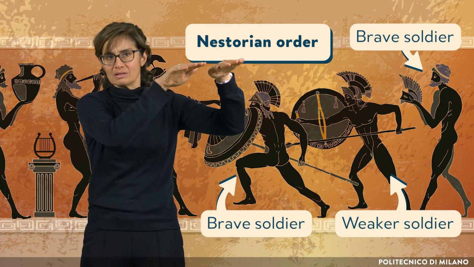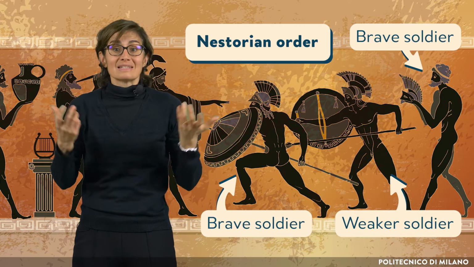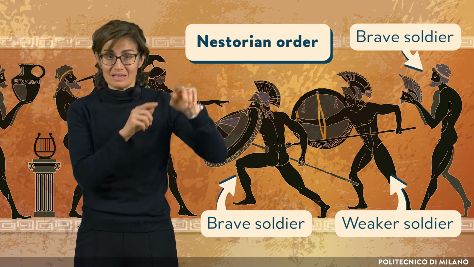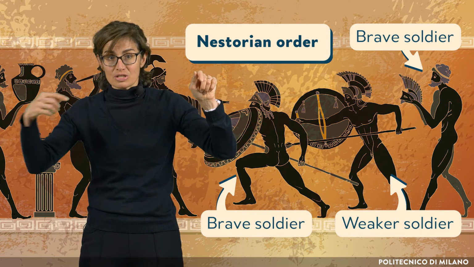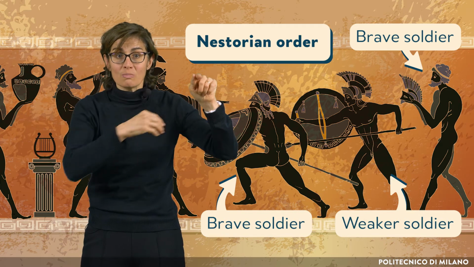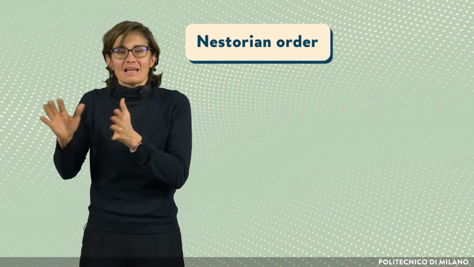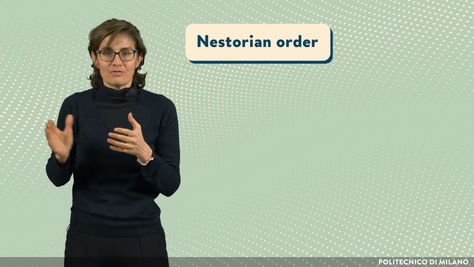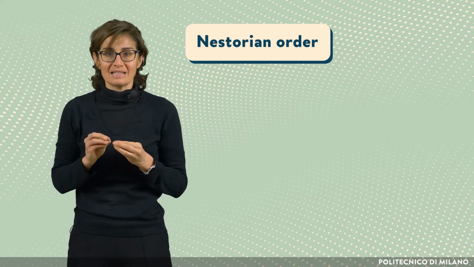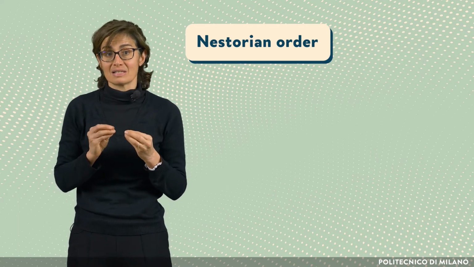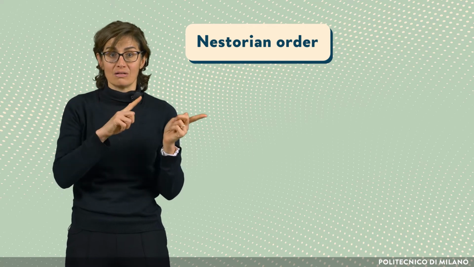Why, you will wonder? The reason is sad. The brave soldiers in the rear are meant to stop the weaker ones who may want to flee the battlefield. Leaving aside the sad origin of the name, let us see its characteristics and pros and cons.